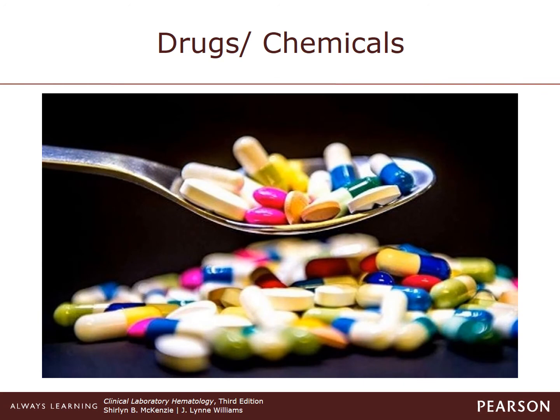So let's talk a little bit about the drugs or chemicals causing acquired aplastic anemia. The majority of cases are idiopathic, meaning they cannot be linked to any environmental factors. There are certain drugs that recent research has shown that early exposure is associated with aplastic anemia. There are chemical agents such as toxic chemicals in industry, such as pesticides or benzene derivatives, that can cause aplastic anemia.